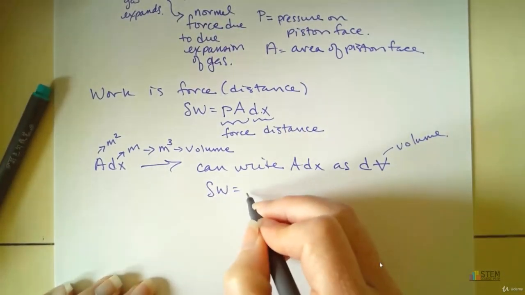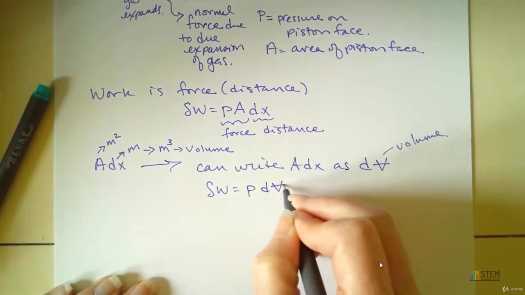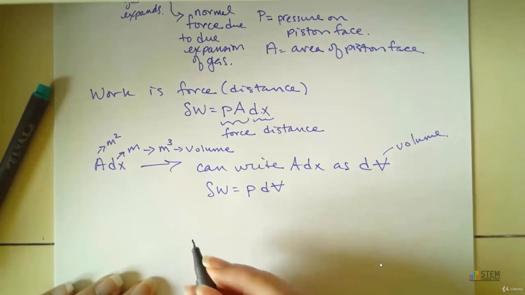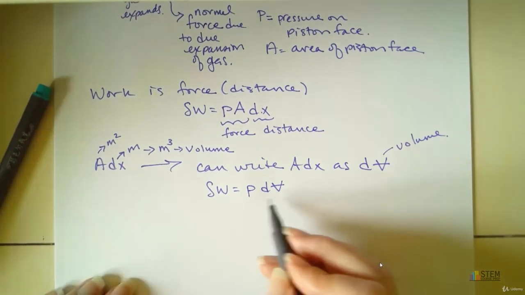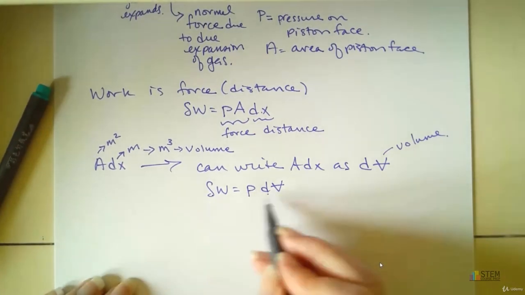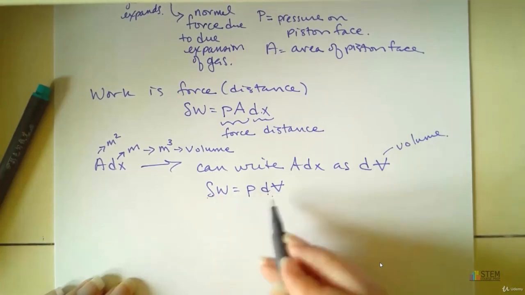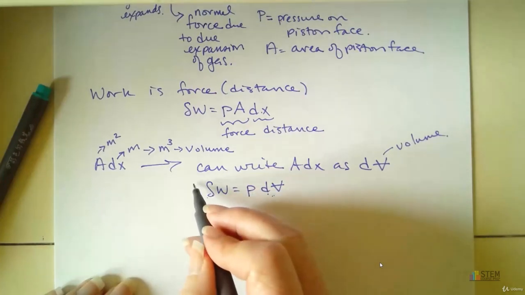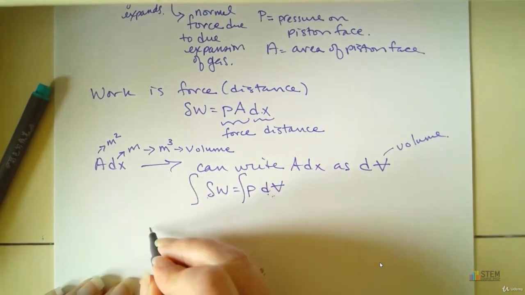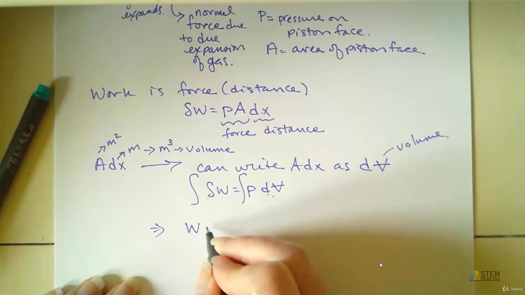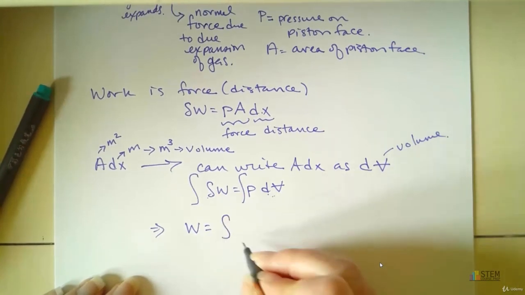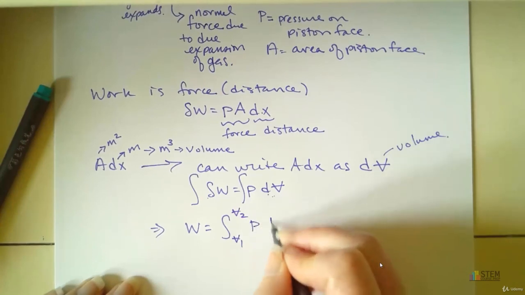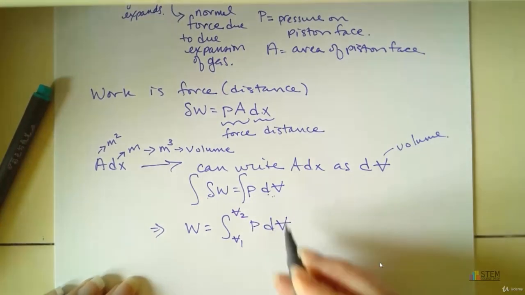So now if we do that, we've got pressure times dV. And this little delta here is just another symbol for change. So we've got change on both sides. We've got delta and then we've got this d here. So that means we could integrate both sides. And then what we're left with is work equals the integral from volume 1 to volume 2 of the pressure times the change in volume.